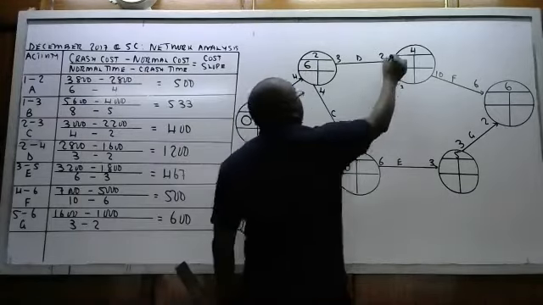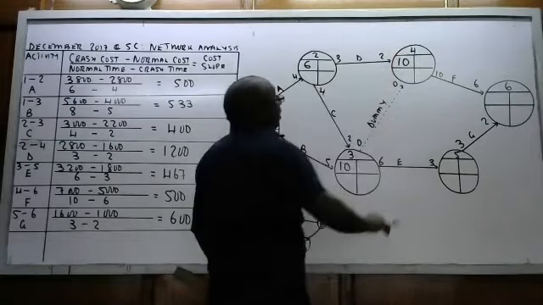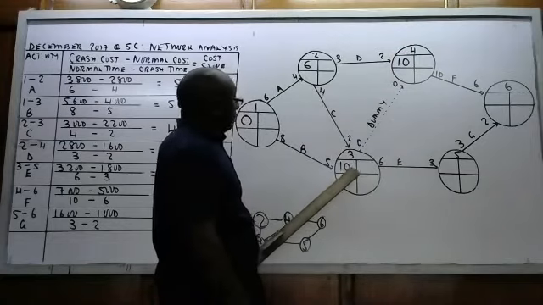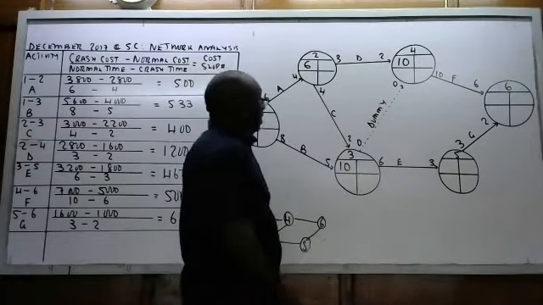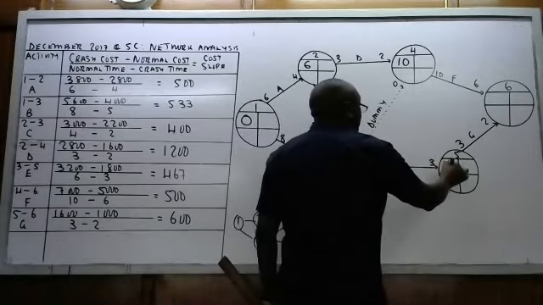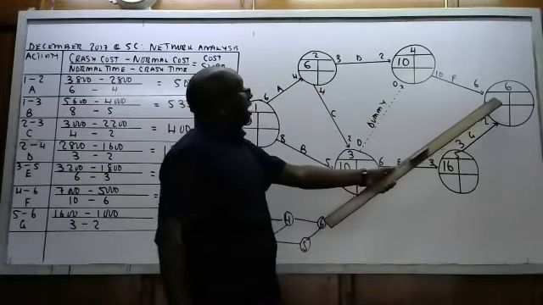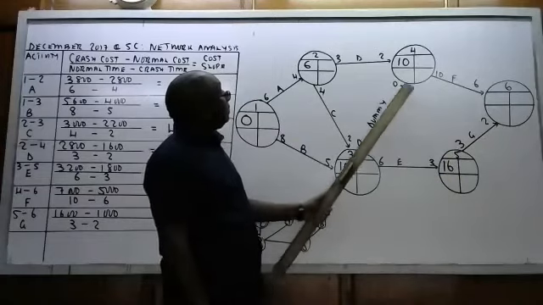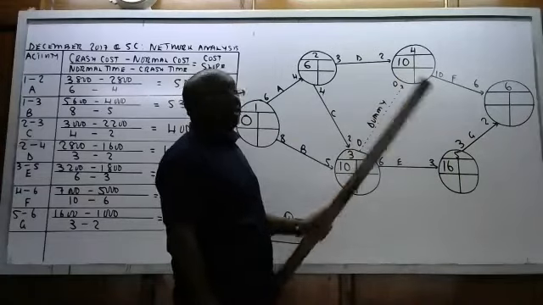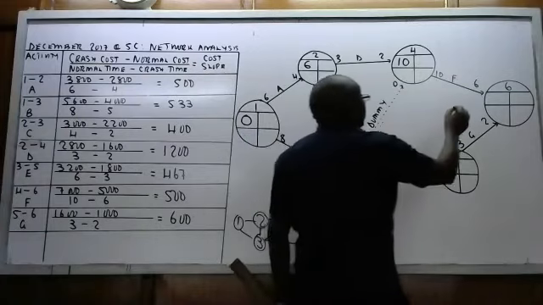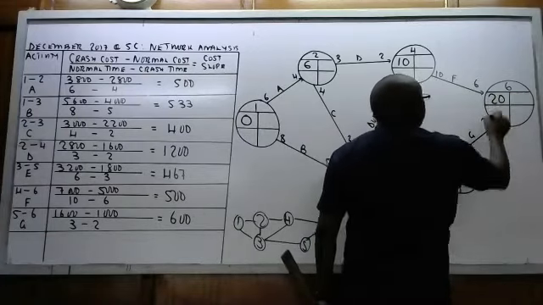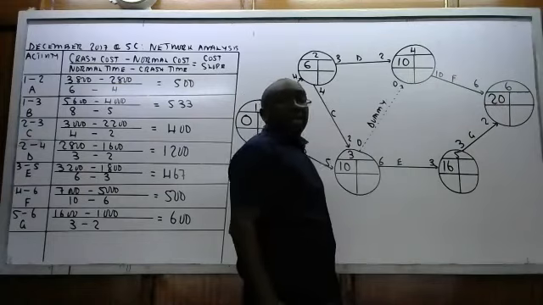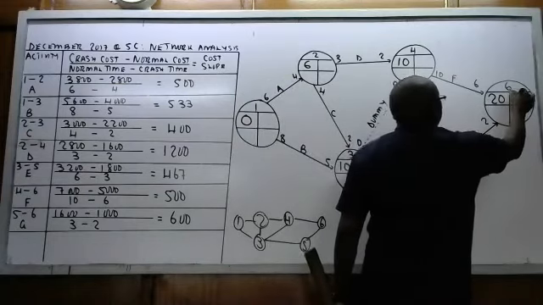So we go for 10. Then 10 plus 6, that is 16, because it's 1 arrow. When we get here, 16 plus 3, 19, and 10 plus 10, 20. So we go for 20. So you put 20 there.